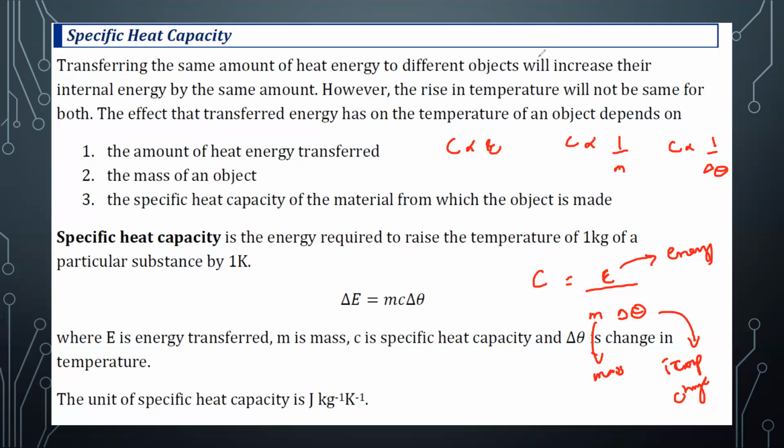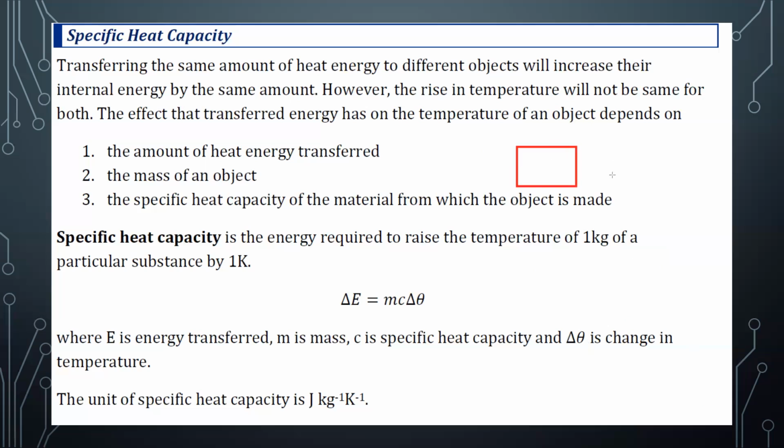So it is a comparison, like if you have two objects of different mass and we supply the same amount of energy, like 100 joules for object A and 100 joules for object B. This one is 2 kilograms, this one is 1 kilogram.